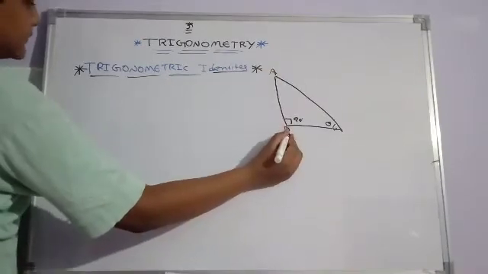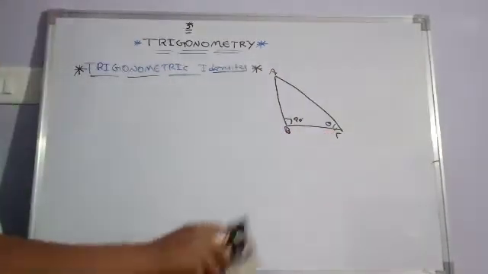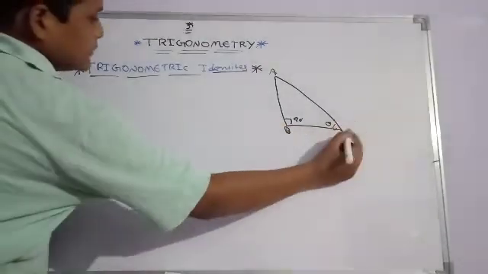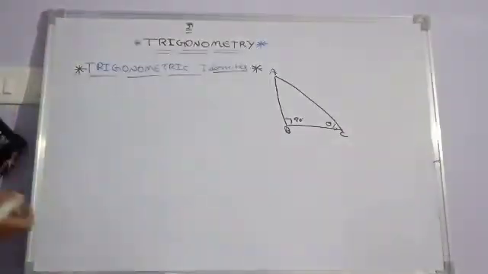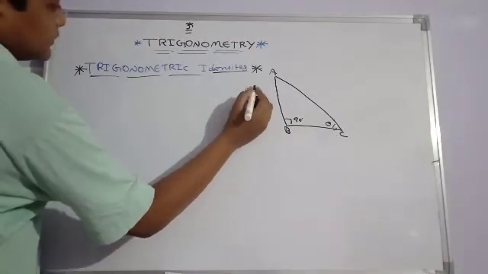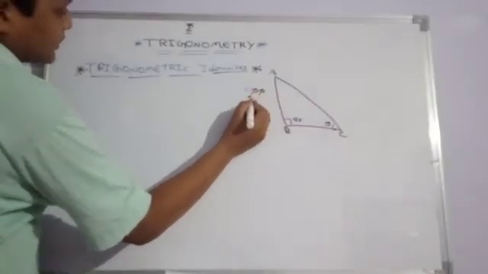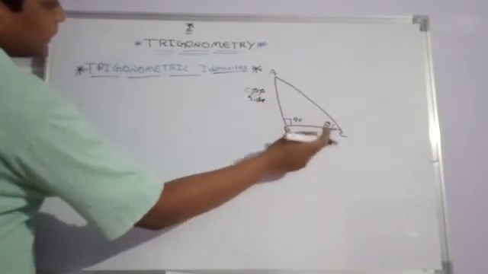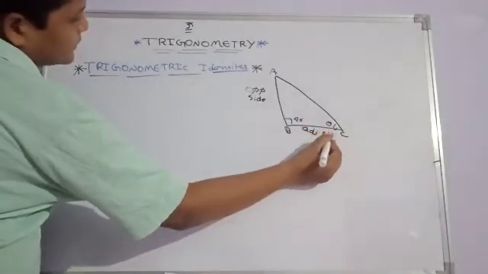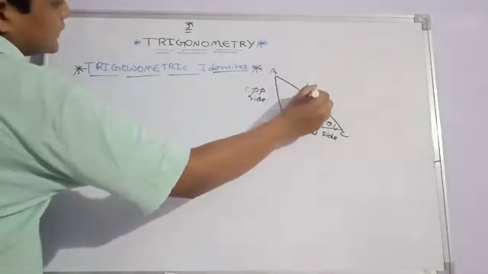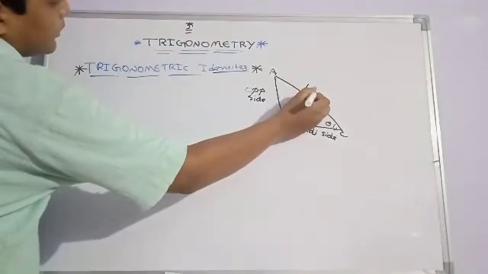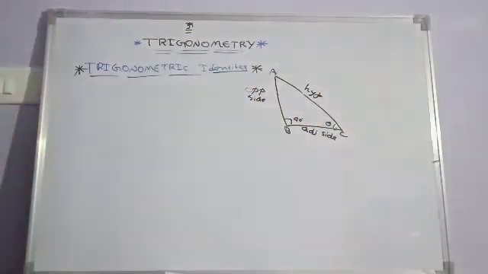A, B, C. Opposite to theta is the opposite side, then the adjacent side. This one is the longest side, that is hypotenuse. Okay.